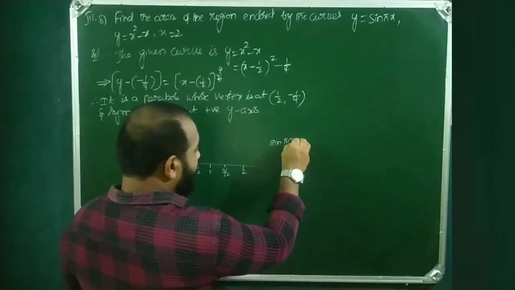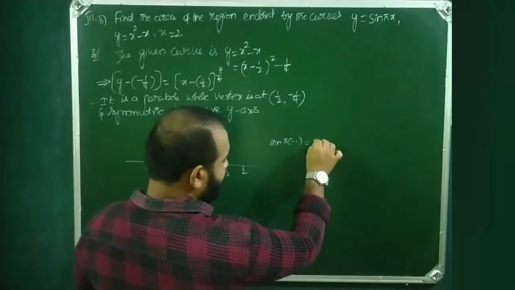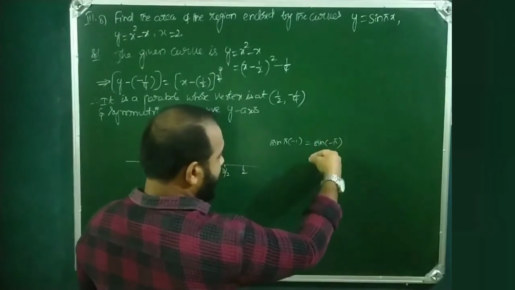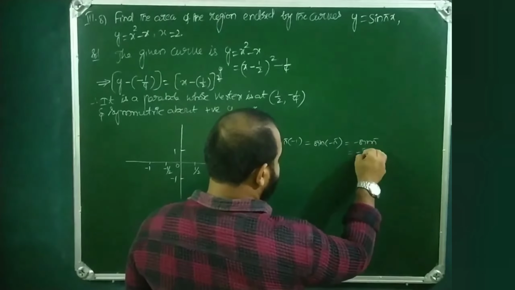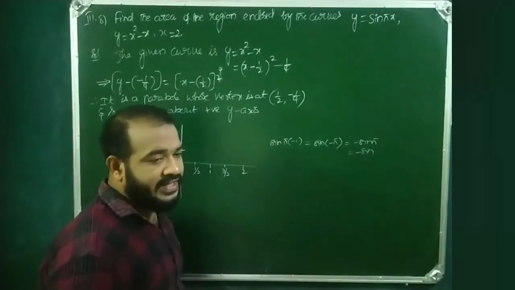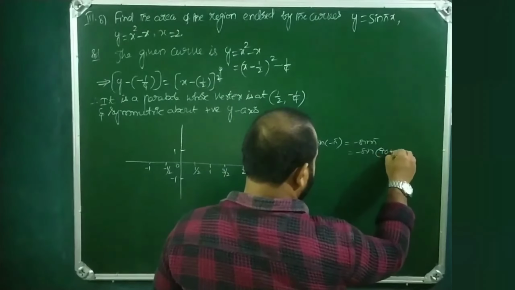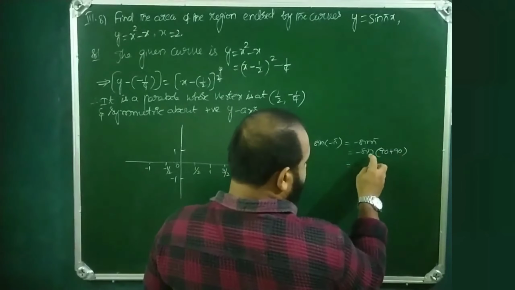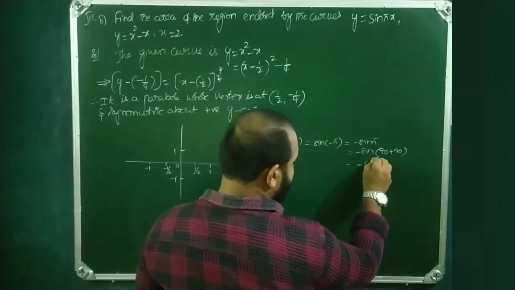Sine pi into minus 1 is minus sine minus pi. Sine minus pi is minus sine pi. Minus sine pi is 180, sine 90 plus 90, so minus sine 90 plus 90 is minus cos 90.